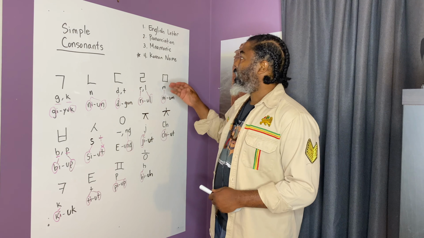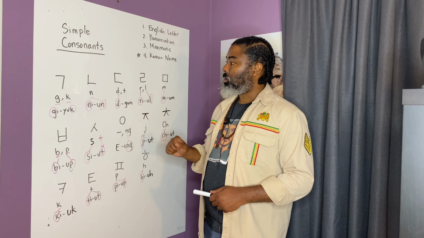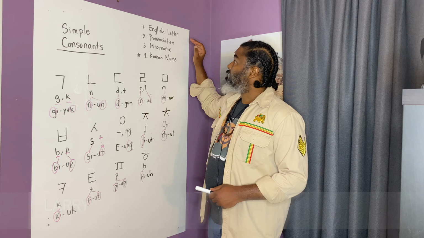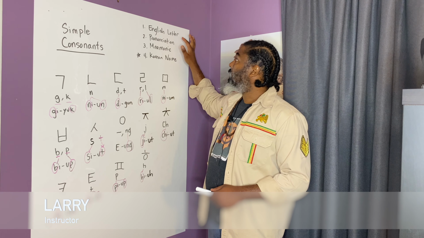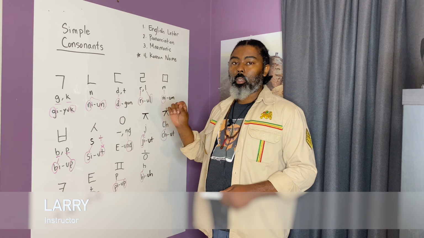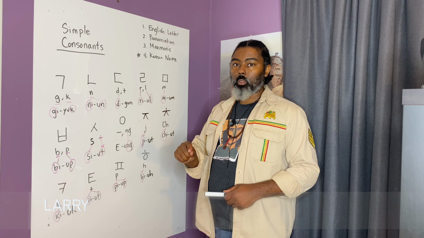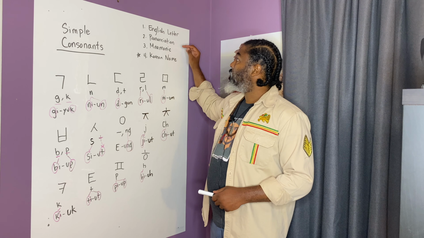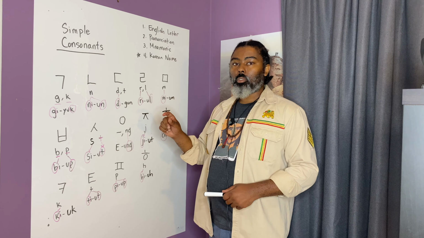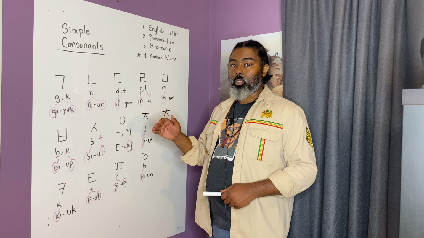Now for you at home, what we're doing is we're going over the simple consonants, and Randi will tell us the English letter that the Korean consonant corresponds with. Then she will also pronounce the Korean character.